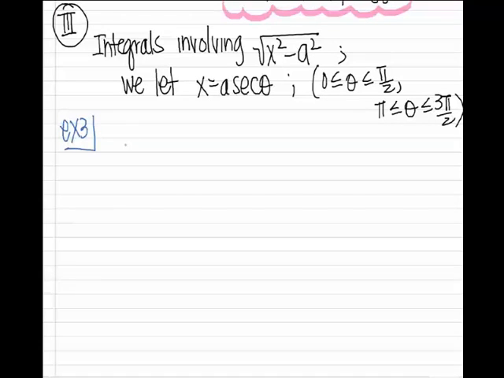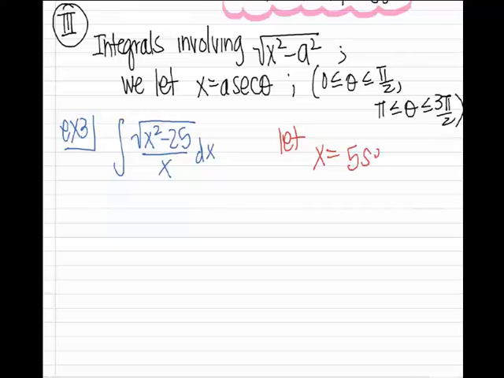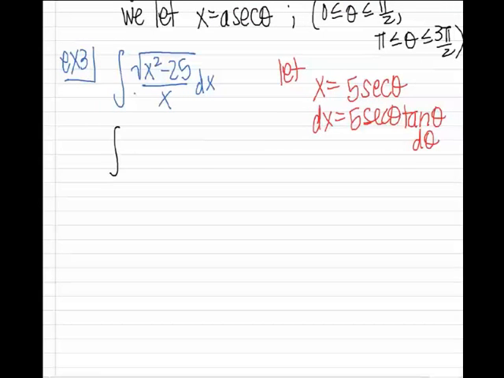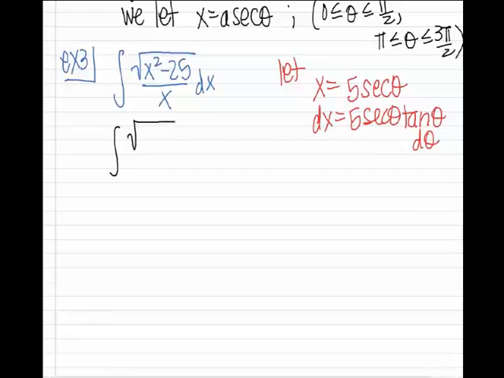Third example, integral square root of x squared minus 25 all over x. We're going to let x equal 5 secant theta, so dx will be 5 secant theta tan theta d theta. Plugging everything in, what do we have? Square root of 25 secant squared theta minus 25 all over 5 secant theta.